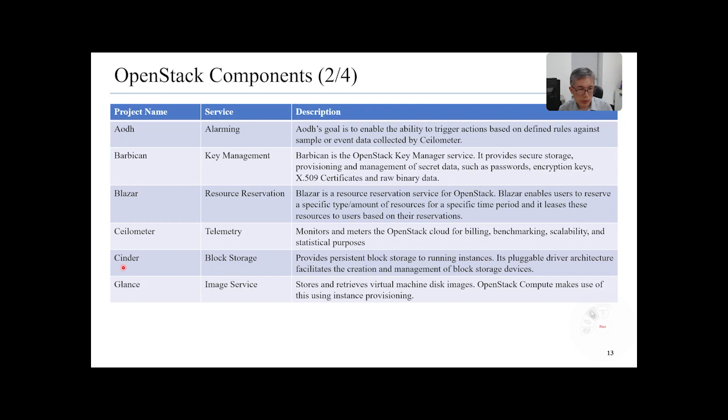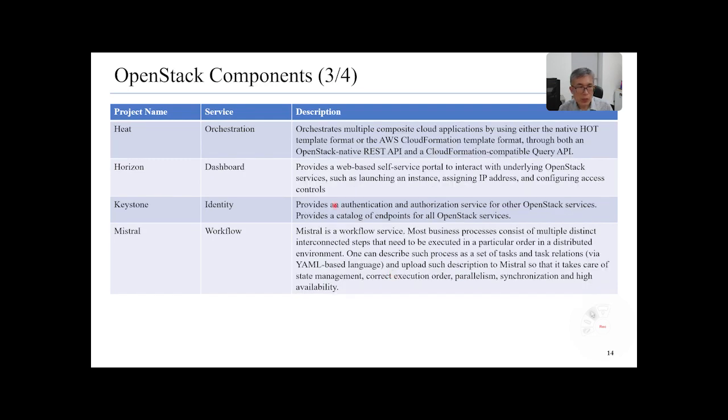Cinder is the block storage service. Glance is the image service, where virtual machine images are managed. And Heat is for orchestration.